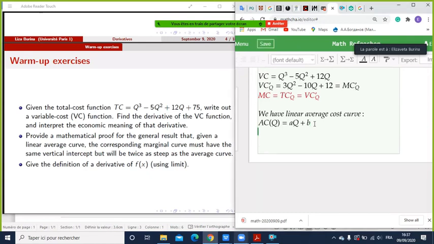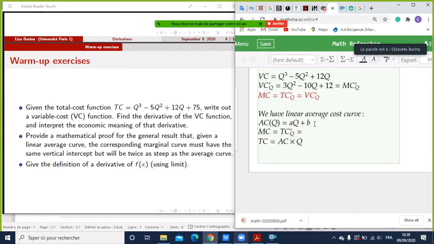Perfect. So then, how do we get the marginal curve? So marginal cost, as we know, and as we already mentioned, wait a second, will be, yeah, did make sense, will be the first derivative of total cost. So total cost is nothing else other than average cost times quantity.